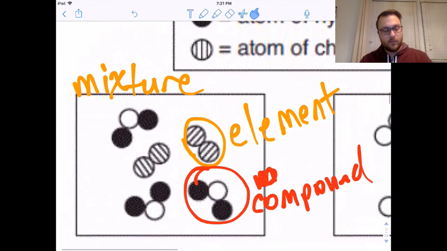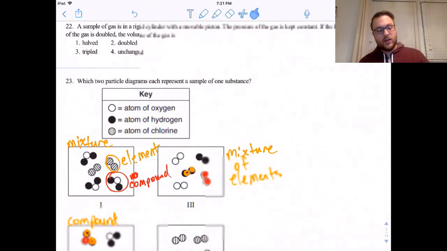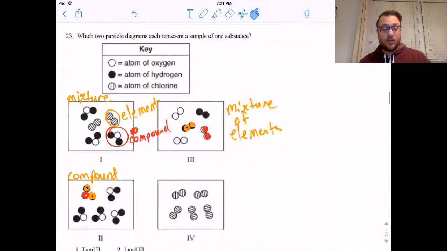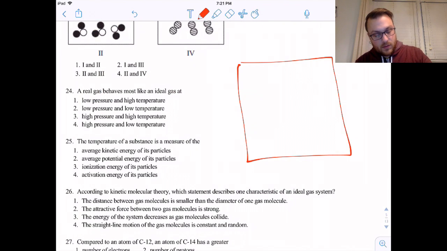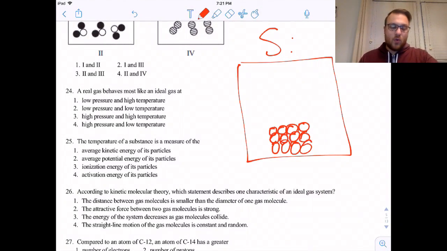When you're drawing them in terms of phases, let's talk about phases. A solid is ordered and structured and arranged in a pretty linear kind of pattern. So it's going to look something like that.